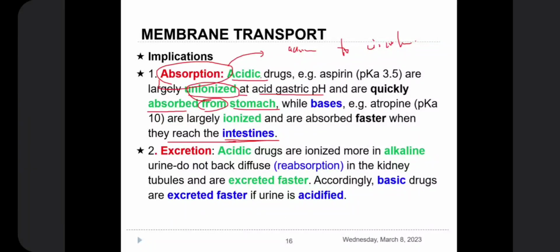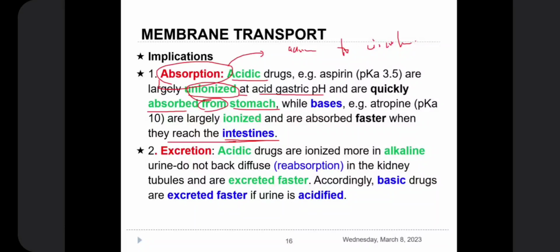You can see acid drugs cross the membrane more easily in the acid environment. It means they have quicker absorption in the stomach than in the intestine.